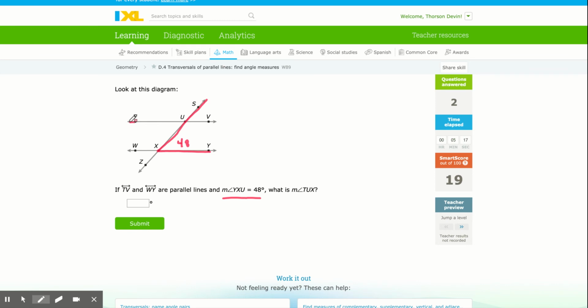T comes through here and goes out this way, TUX. That's also a red angle because the red angles are going to be in those positions. The blue angles are going to be the bigger ones, right? See how they alternate? They alternate red, blue, right? And so it's asking for TUX, which is another red one, so it's going to be 48 degrees.